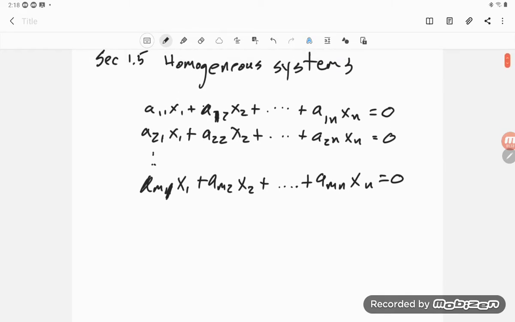Okay, so if we have a system like this, the right-hand side here is 0 everywhere. That is a homogeneous system.